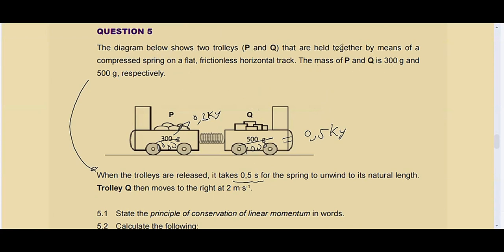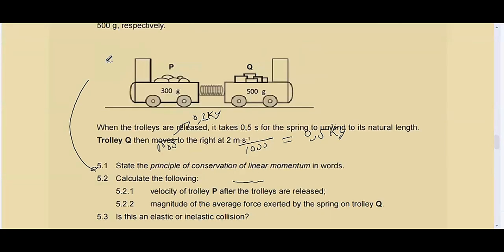Whatever has been written on this statement, you can clearly see on the diagram. But with the statement below the diagram, you can see that this is some new, valuable information there, right? Then 5.1 says state the principle of conservation of linear momentum.